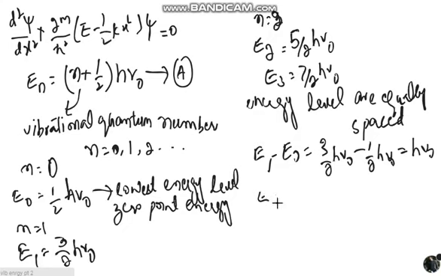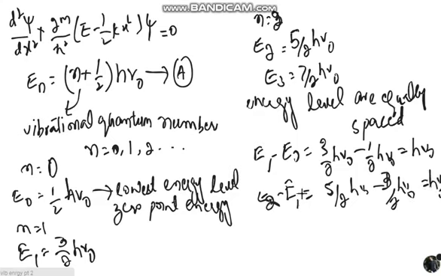In the same way, E2 minus E1 is 5 by 2 h mu naught minus 3 by 2 h mu naught, equal to h mu naught. So the difference of energy between two levels is always equal to h mu naught, and we can say that all energy levels are equally spaced.